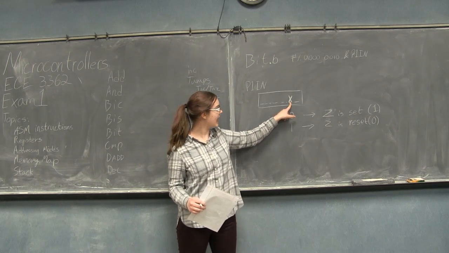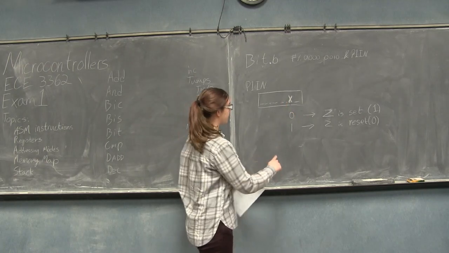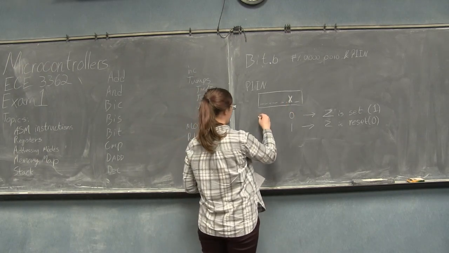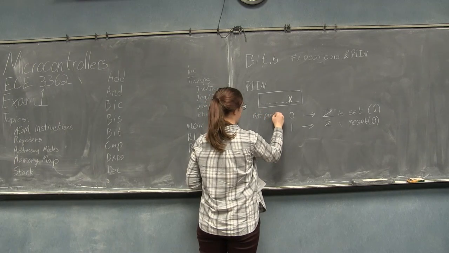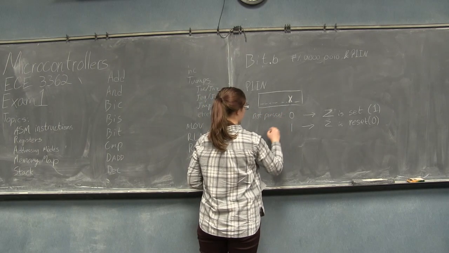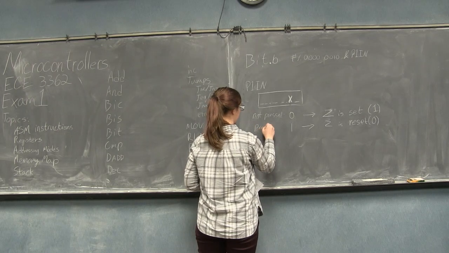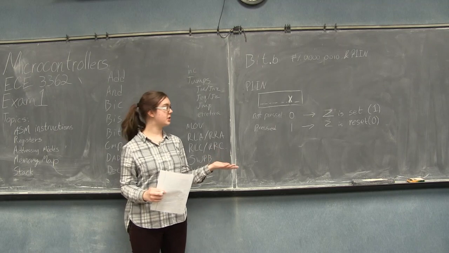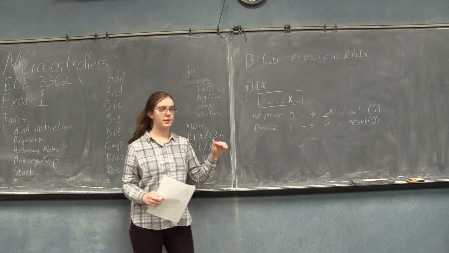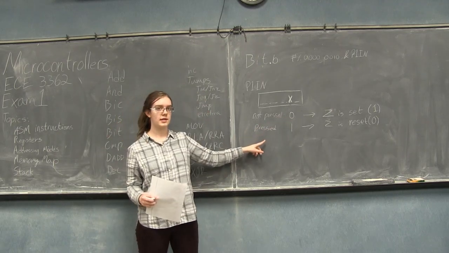Let's just say it's active high for simplicity. So we know that when we're not touching the button, it's a 0, but when we're touching the button, it's a 1.